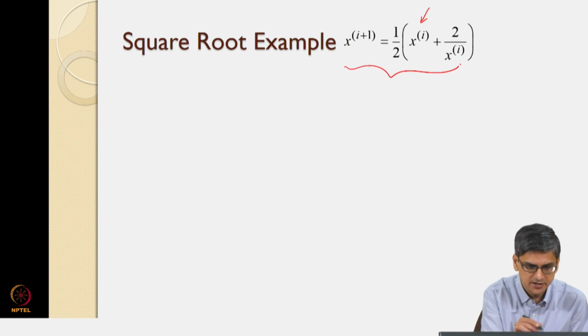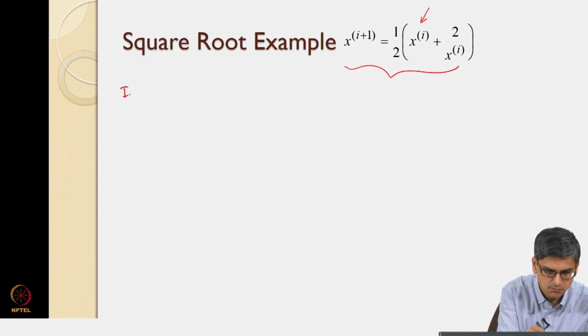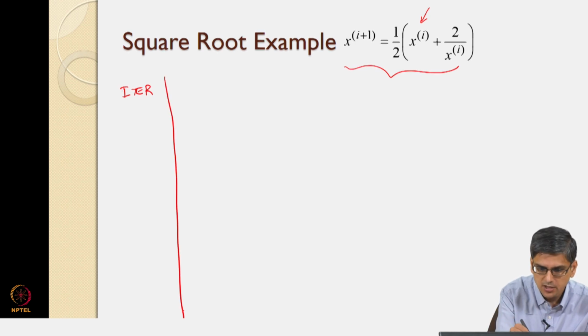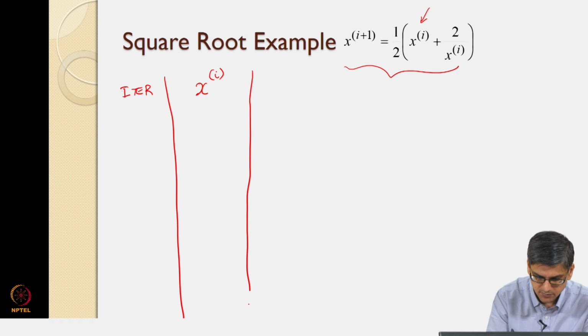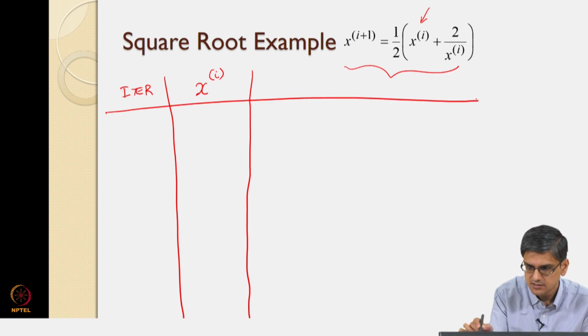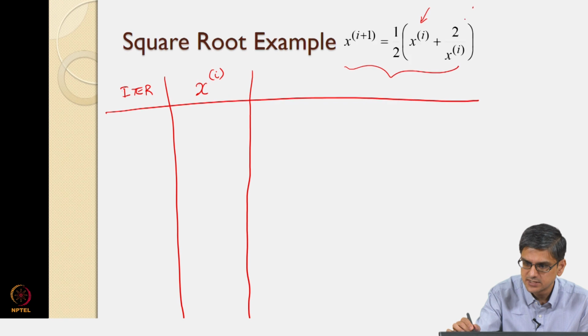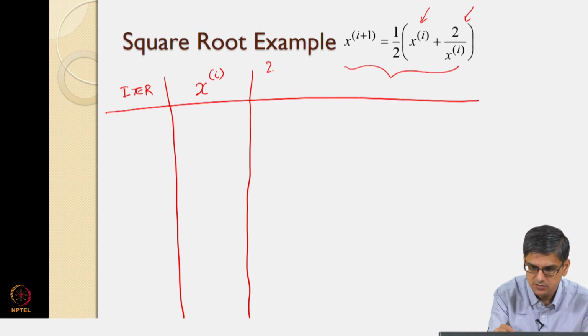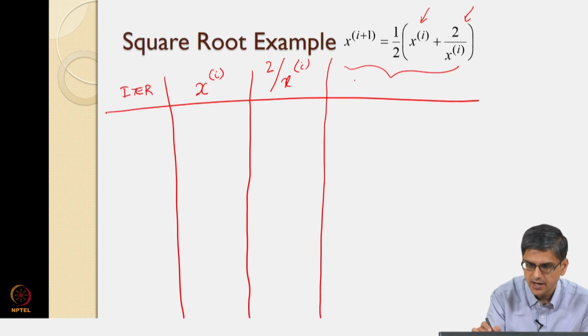Let us call this column iterations, the next column the guess x i, the next column 2 divided by x i, and after that we will calculate the error.